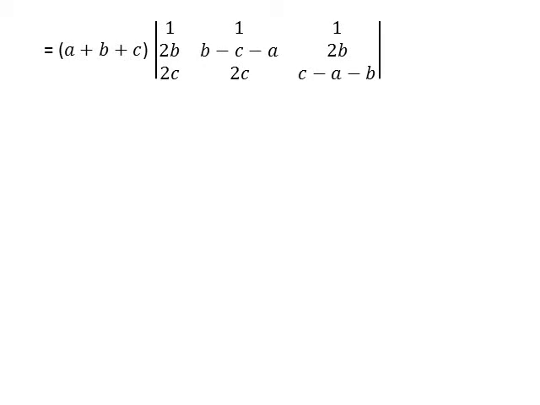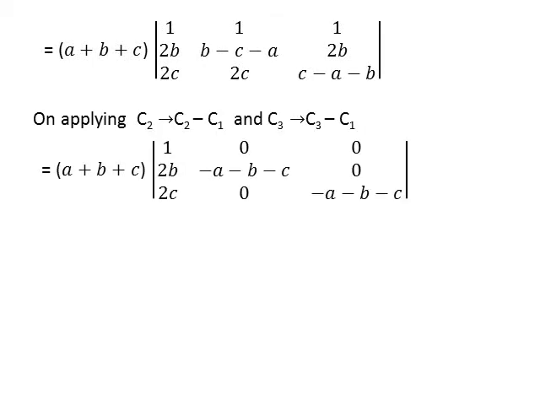As elements of first row are 1, 1 and 1, so we apply two column operations, that is C2 is to C2 minus C1 and C3 is to C3 minus C1. That will create two zeros in first row. After applying these column operations, we get a plus b plus c multiply with this determinant.